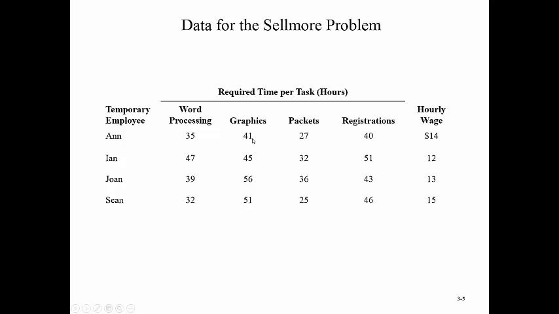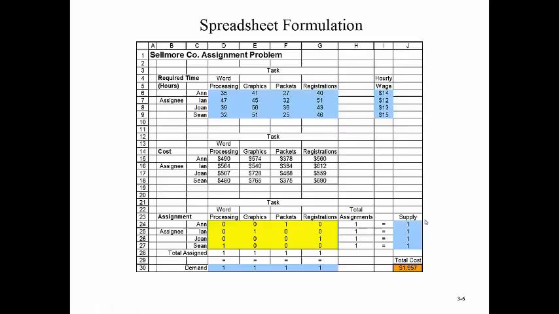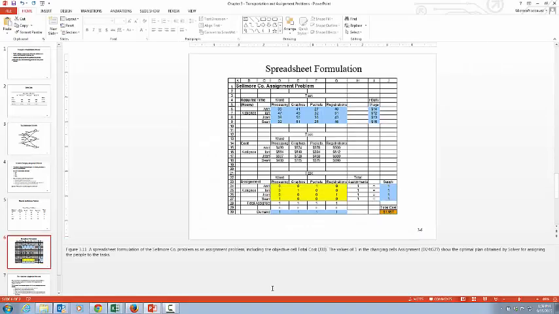So if it was only an hour or so different between each one, it probably wouldn't make a difference how they're assigned. But there's some pretty big differences within here. Also on this far right gives the wage rate for each employee. And so let's shell out to Excel here and show you how that looks.